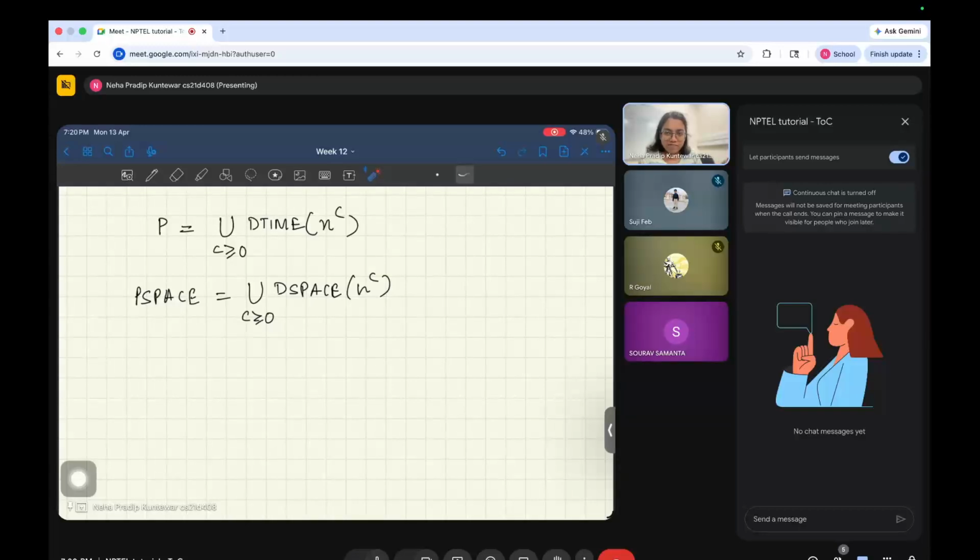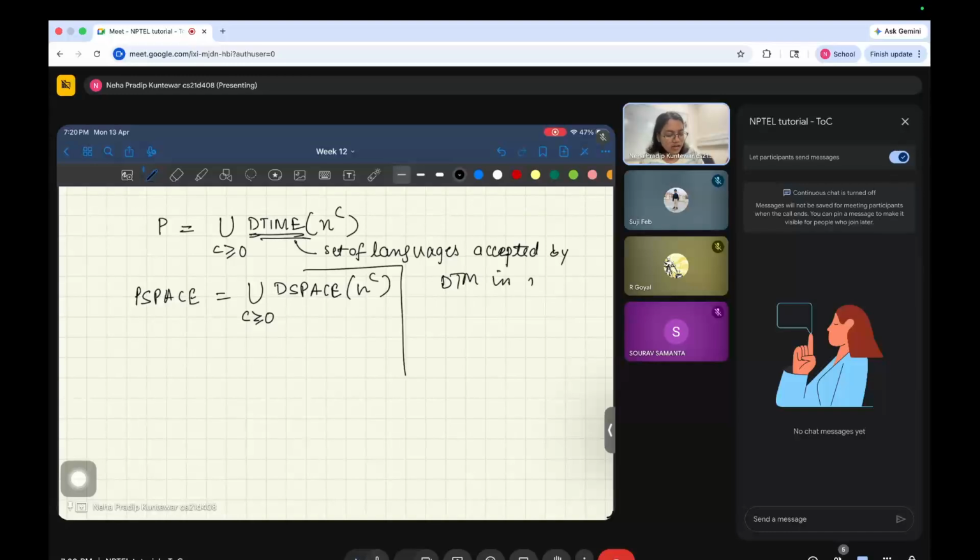So what is this space, ma'am? Are you familiar with DTIME? Deterministic. Yeah, so D here stands for deterministic. So this is the set of languages accepted by a deterministic Turing machine in n to the c time, and DSPACE would be the same thing.